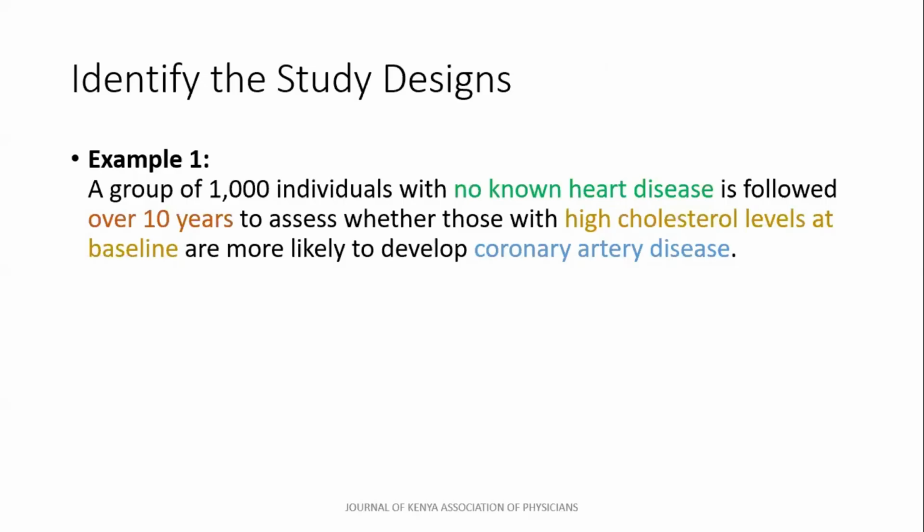So in future, prospective cohorts, because we have a group of individuals who do not possess the outcome of interest, so no known heart disease or coronary artery disease, but then they have a known exposure, which is high cholesterol levels at baseline. We'll look at it in more detail, but that's a prospective cohort study. Good.